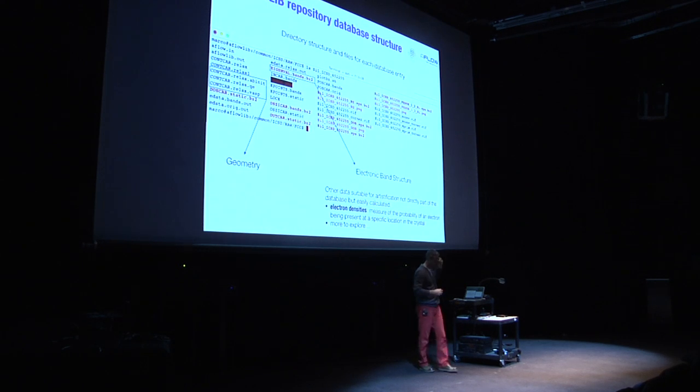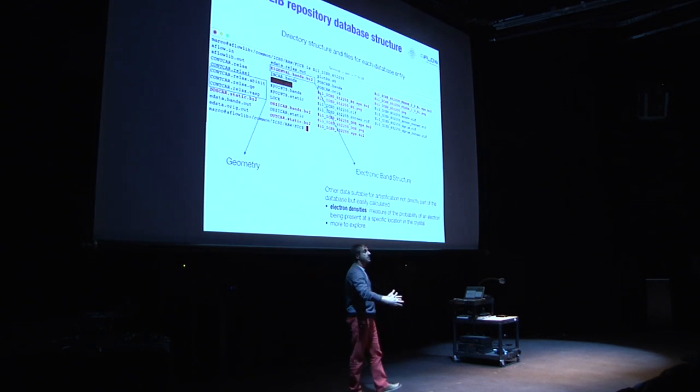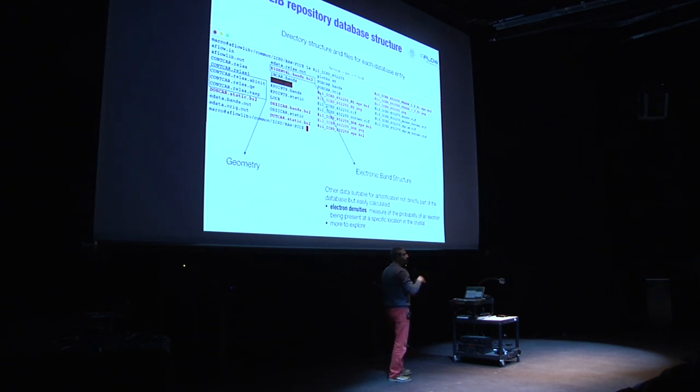And I don't want to get into these details at all, but basically we generate data that are organized hierarchically inside the database that can be searched with a program that looks for the data that you need. And then you need to do something with this.